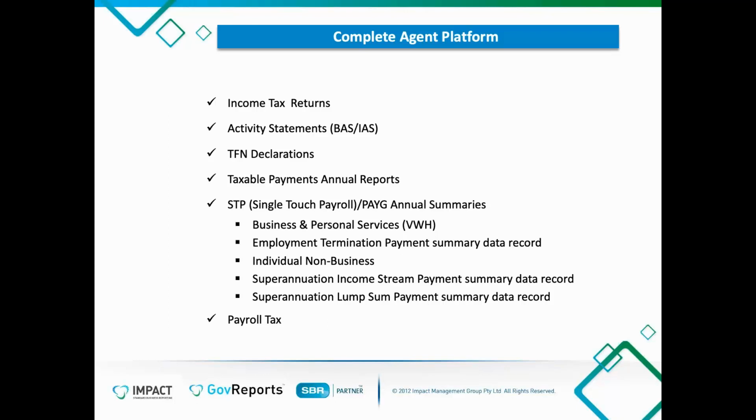So there's income tax, activity statements, TFN declarations, TPAR, single touch payroll, and I think they've done an absolutely brilliant job with single touch payroll, and of course payroll tax. I'm sure there are other things that I have missed, so do talk to GovReports if there is something I haven't mentioned that GovReports is able to do.